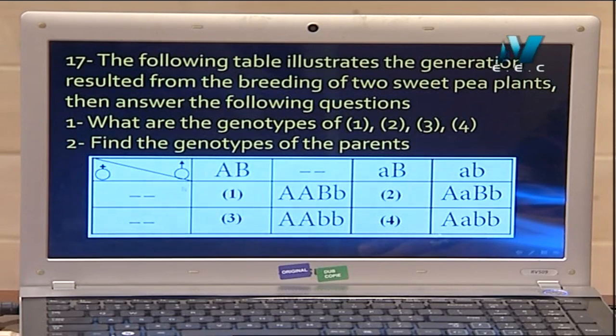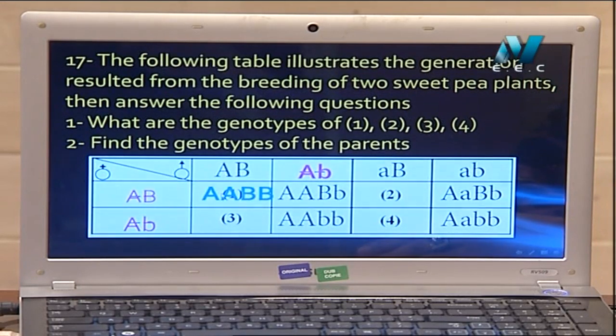What is the genotype? When you look at the figure in front of you, you must get the gametes. The gametes here will be capital A small b, and here capital A capital B, and here capital A small a. When you get the gametes, you can get the individuals.